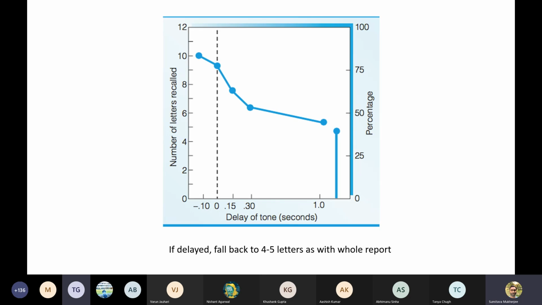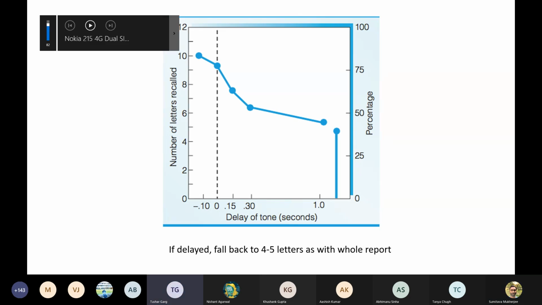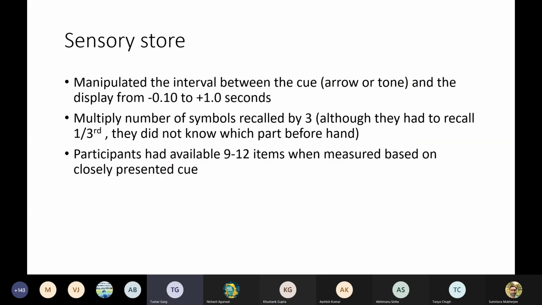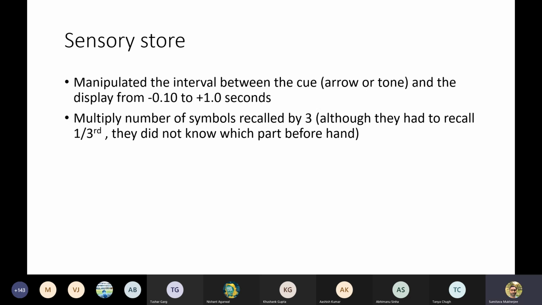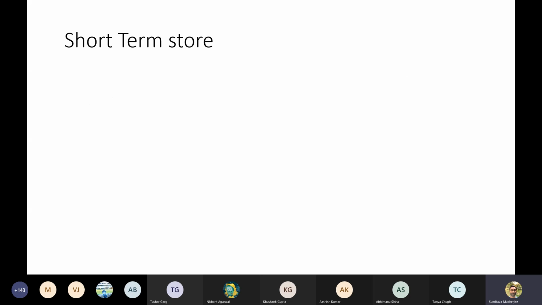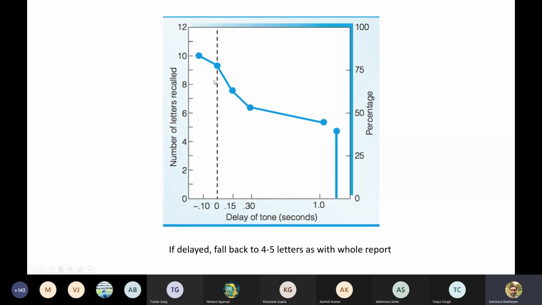Sir, questions? How, in the short duration of time, are the number of letters recalled higher than the number of letters recalled at more time? Yeah, because what he's doing is basically multiplying. So multiply the number of symbols recalled by 3, because the answer that you're getting here is basically after multiplication.